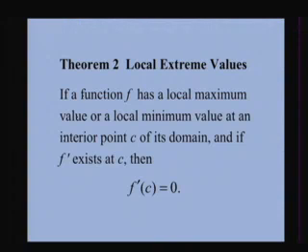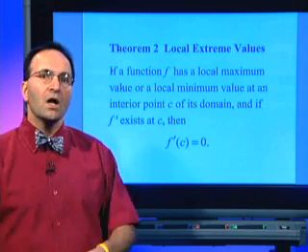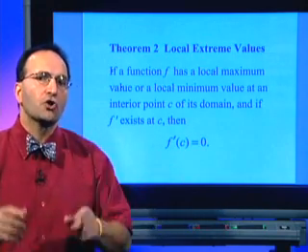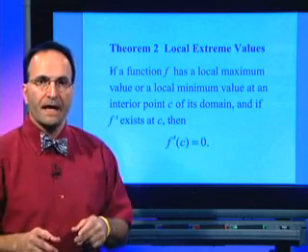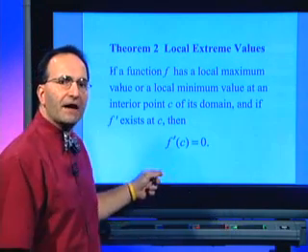If a function f has a local maximum value or a local minimum value at an interior point c of its domain, and if f prime exists at c, then f'(c) is equal to 0. We call these numbers critical points. And let's define that very clearly.